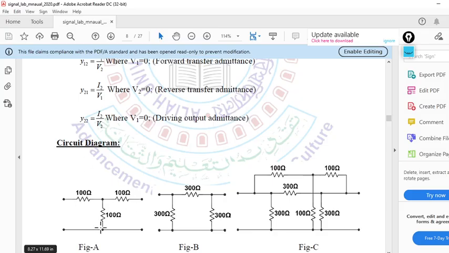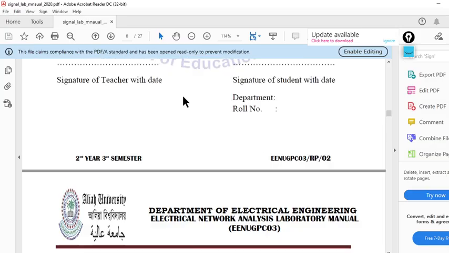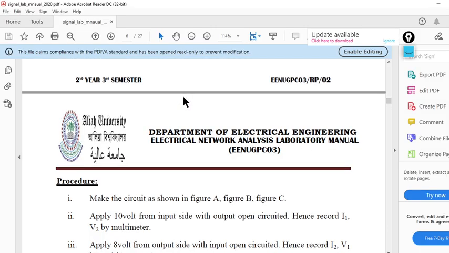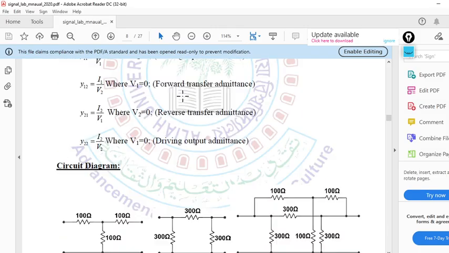If your connection is right, then connect your supply here, and do not measure current, only measure voltage across wherever required. Voltage by resistance gives you the current, and in this way you will measure Z11, Z12, Z21, Z22 for this circuit.